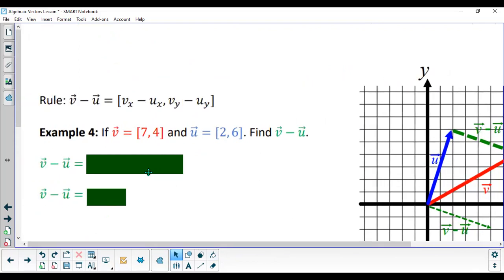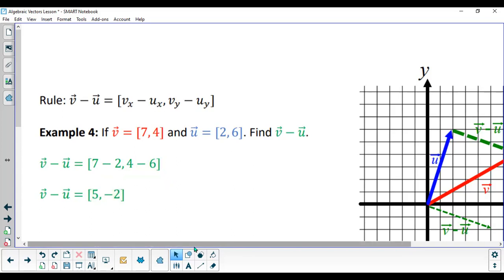But in this particular case, we're subtracting. All I have to do is, according to the formula, subtract my horizontal components, subtract my vertical components. So my answer is going to represent the tip of my resultant.